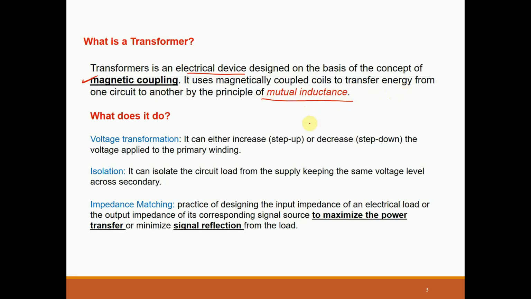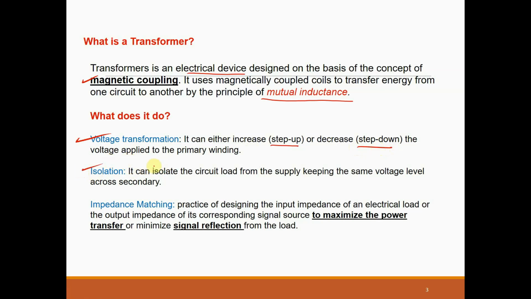Later on, I'm going to demonstrate to you what that mutual inductance is. Okay, what does a transformer do? Number one, voltage transformation. It can either step up or step down the voltage applied to the primary winding.